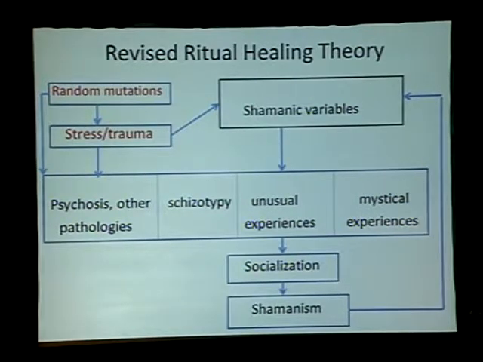Chris Rowe talked about how experience led to practice. So here we have socialization, shamanism, shamanic variables around. Here's our cycle going on for 60,000 years. Chris Rowe talked about the experiencing process. William Everest talked about childhood trauma and mediums. The papers we're presenting coincide with this theory, so here's my revised ritual healing theory, and I'm open for questions.